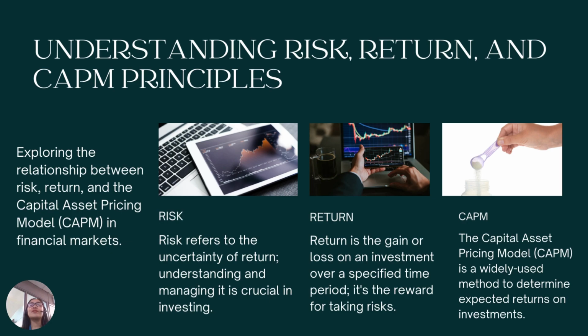In simpler terms, the more risky an investment is perceived to be, the higher the expected return should be according to CAPM. This reflects the idea that investors should be compensated for taking additional risk.